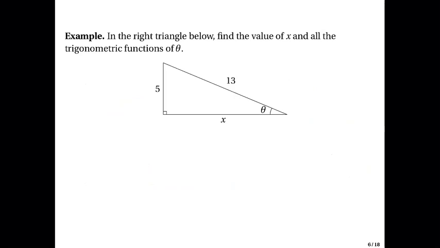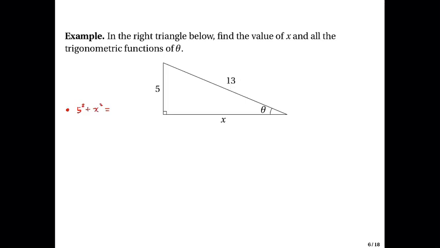So same, we are asked to find the value of x and all the trigonometric functions of theta. These are the two legs, 5 and x. According to the Pythagorean theorem, we should have 5 squared plus x squared equal to the square of the hypotenuse, and the hypotenuse here is 13.